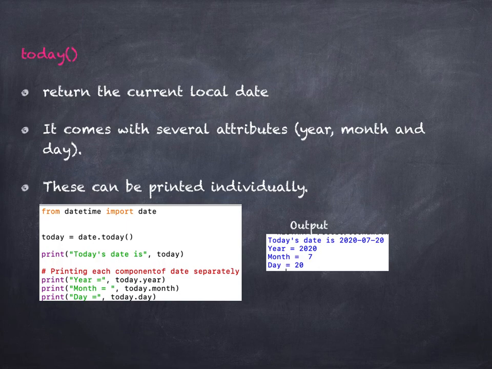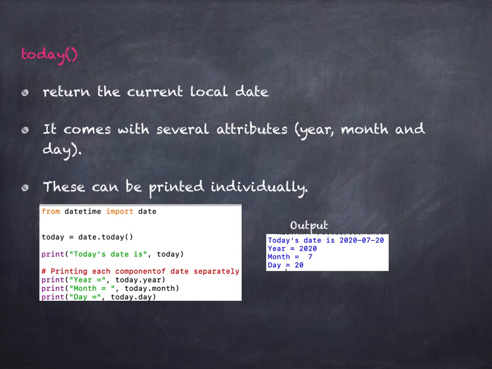And next is a method of the date class, that is today. It returns the current local date. It has several attributes which are year, month and day, and these details can be printed individually also. The example: from datetime, that is the module name, import the date class name, and then today is the variable name, equal to date.today, that is the method name, and here I print the date fully.